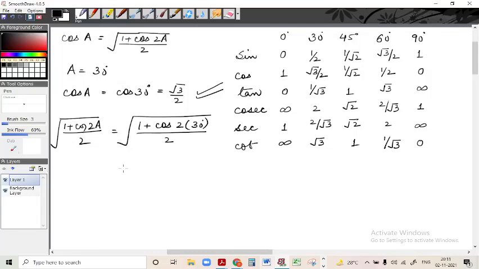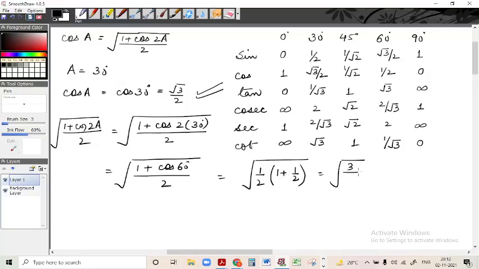Cos 60 is half, so that becomes 1 plus half, which is 3 by 2, divided by 2 is 3 by 4, which is ultimately root 3 by 2. So both the portions are equal, hence the given condition is correct. This is how you can prove whether one part is equal to the other part or not.